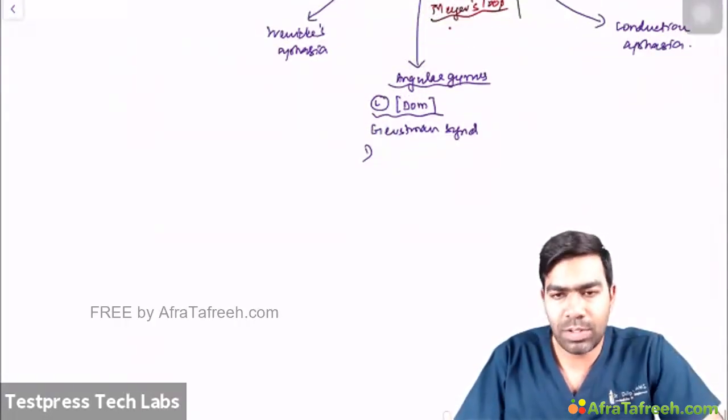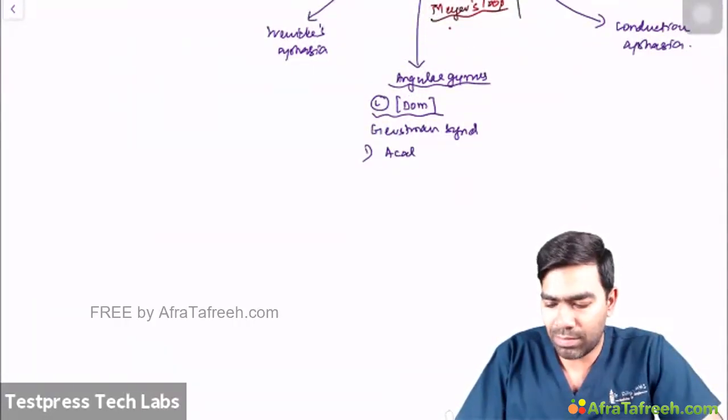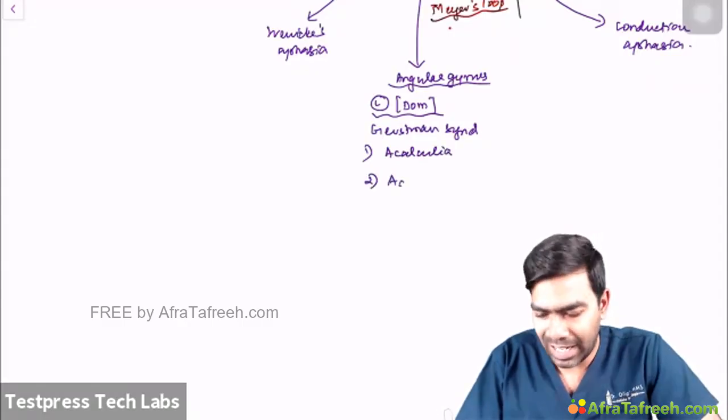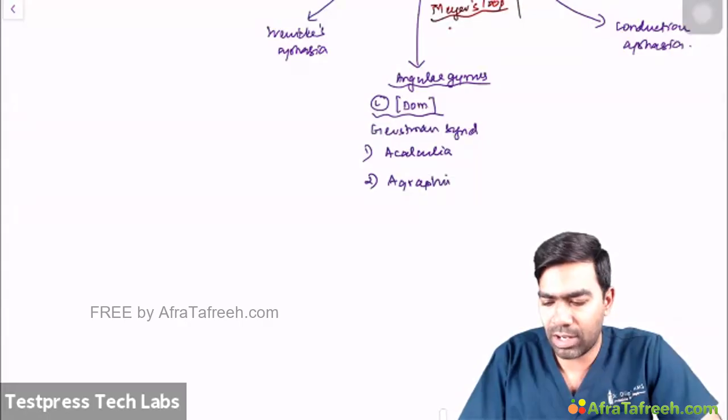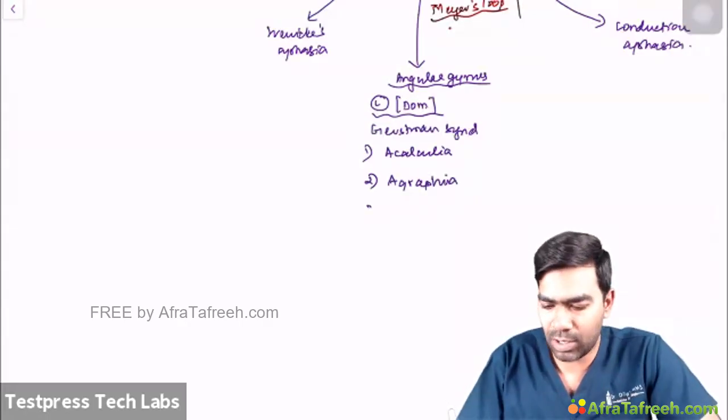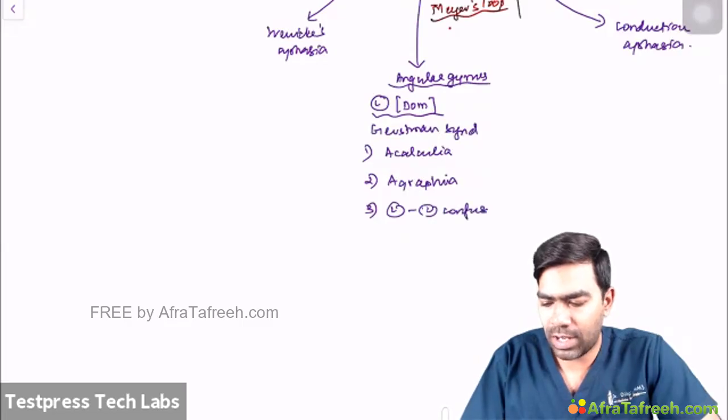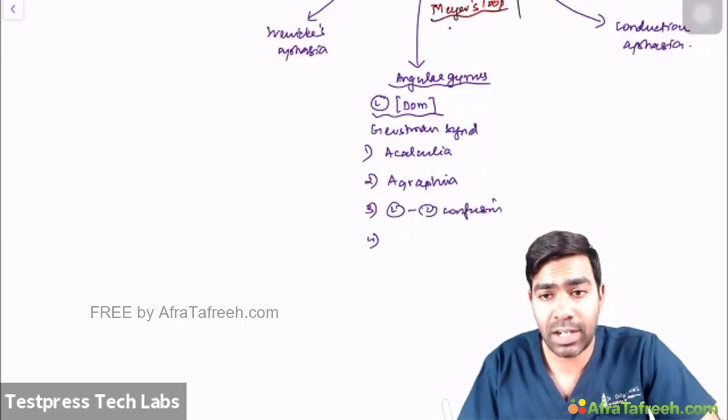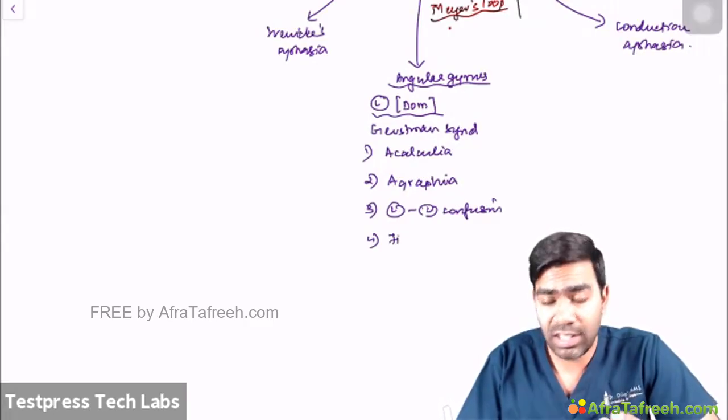Yes, Gerstmann syndrome is basically a syndrome of acalculia, then agraphia, where you have difficulty in writing. Acalculia means difficulty in calculation. Then you have left-right confusion. And finally, you have a peculiar type of agnosia where the patient has problems in identifying his or others' fingers.